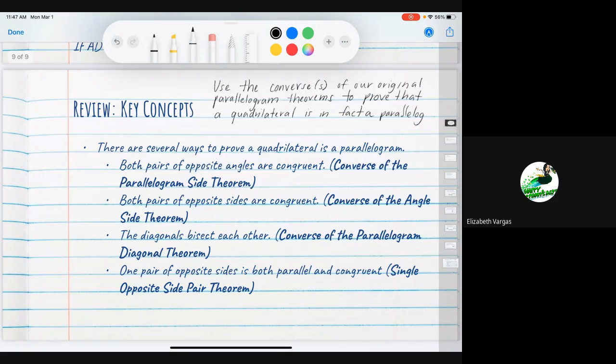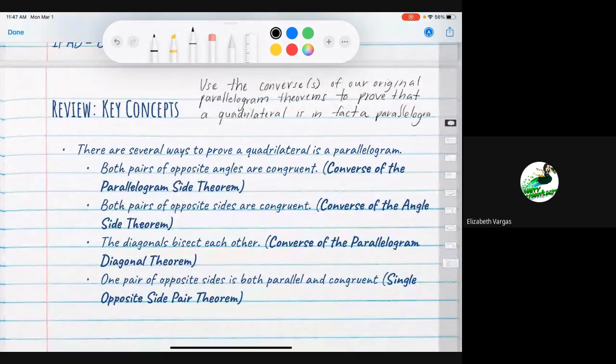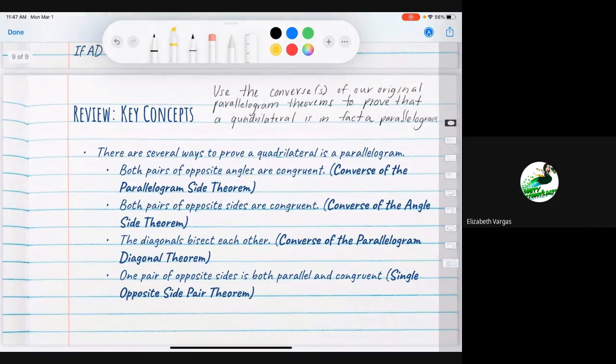Right? Because there are many different types of quadrilaterals, but how can we prove that that quadrilateral is a parallelogram? And so the way we do that is we use the converses and we work backwards.